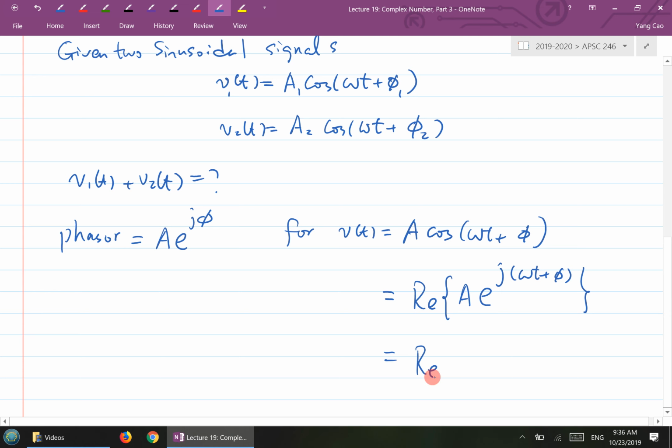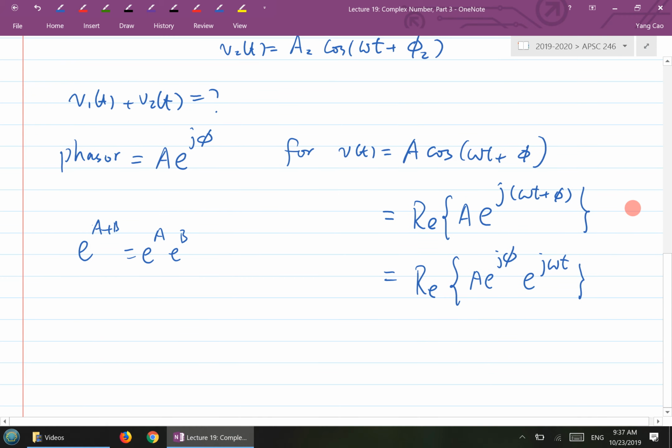And I can manipulate this term a little bit, because this is e to the power j omega t plus j phi. And e to the power of a plus b equals e to the power of a times e to the power of b. So I can separate that complex number into this format, and then you have this term explicitly showing up. That's what we call the phasor for v of t. So e to the power of j phi is the so-called phasor for v of t.